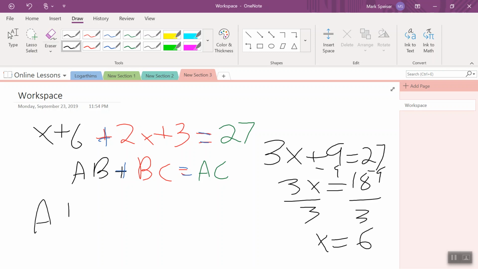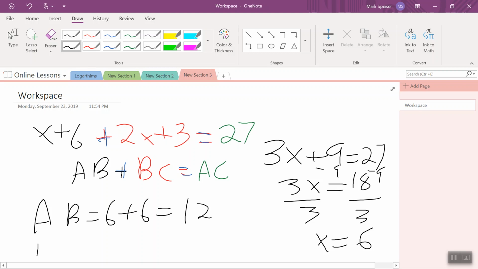So AB is 6 plus 6 is 12, and BC is 2 times 6 plus 3, which is 12 plus 3, which is 15. If you want to check, 12 plus 15 equals 27.